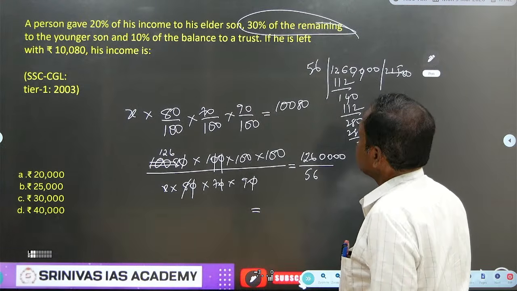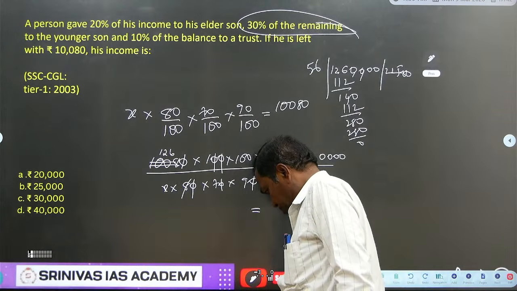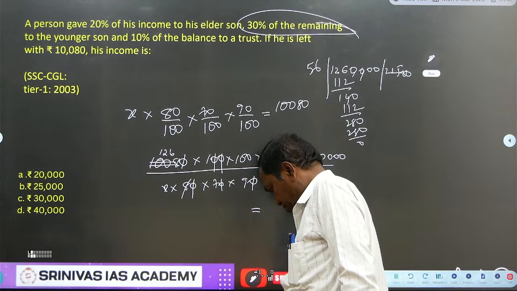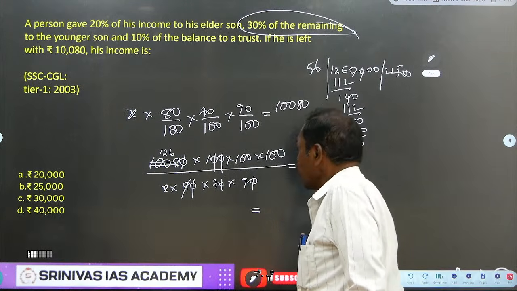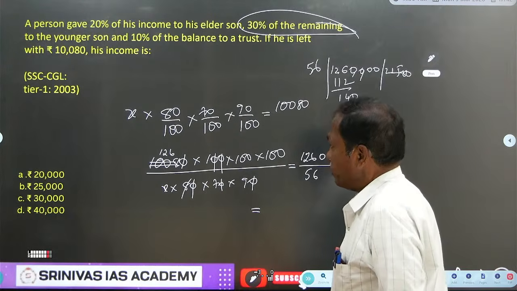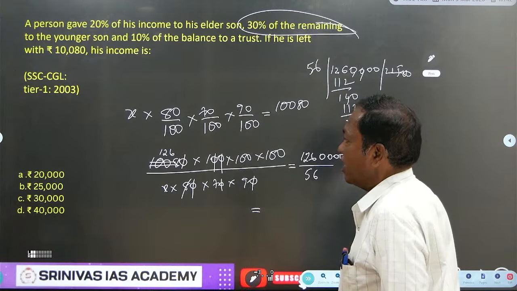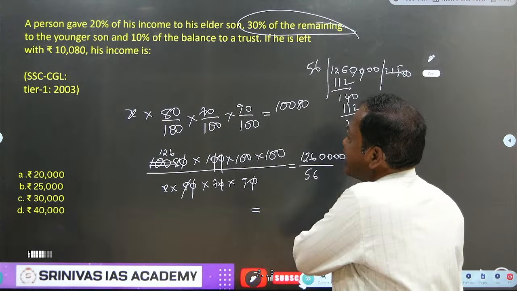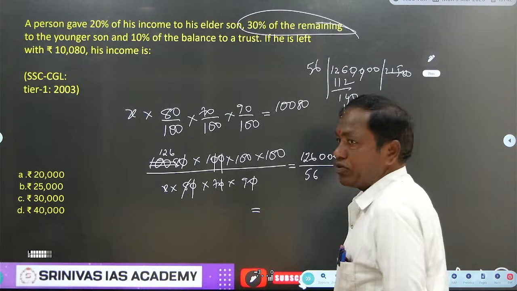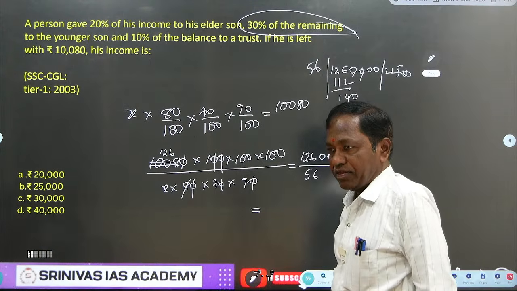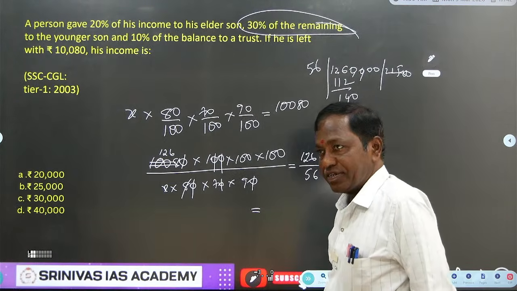But the options are different, why is it happening like that? These people are getting 20,000, option A, but I am unable to get it. Where did I go wrong here? What is the option there? These people are answering, I am unable to.